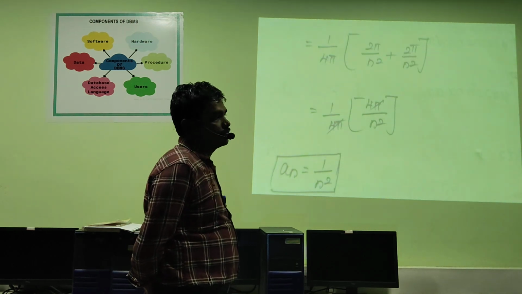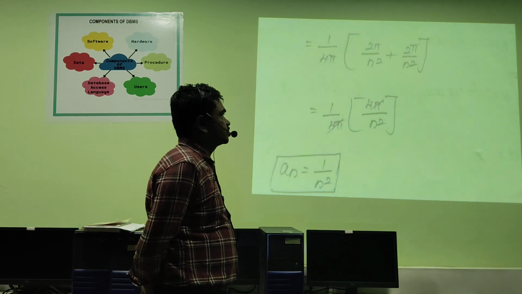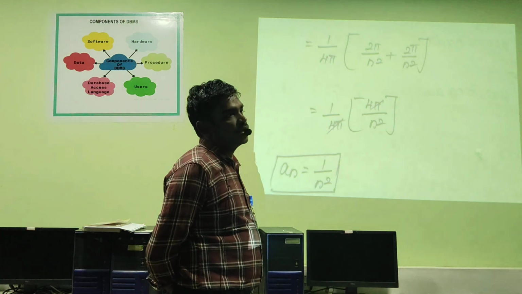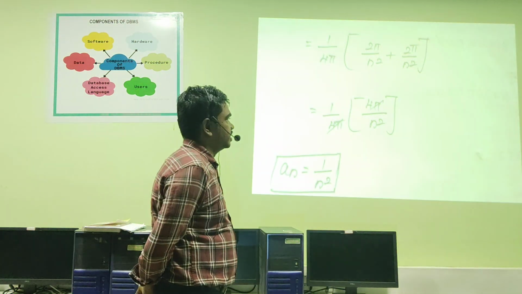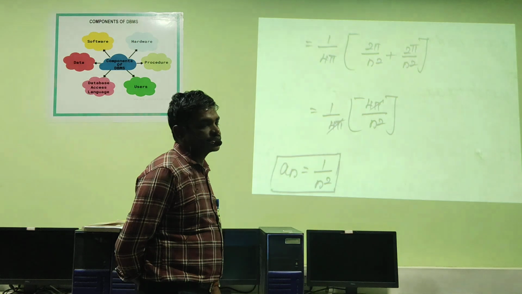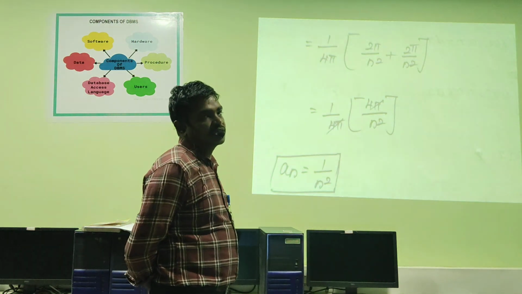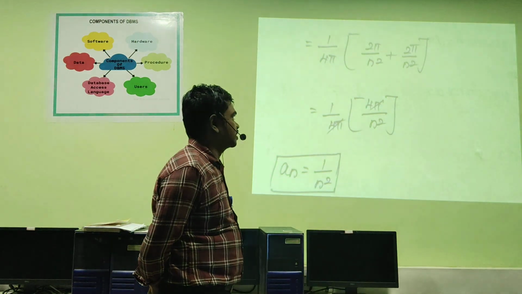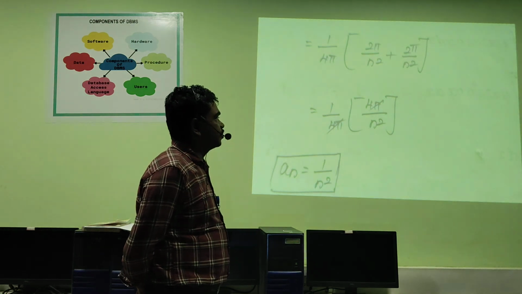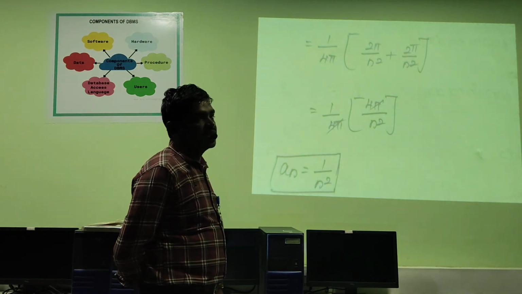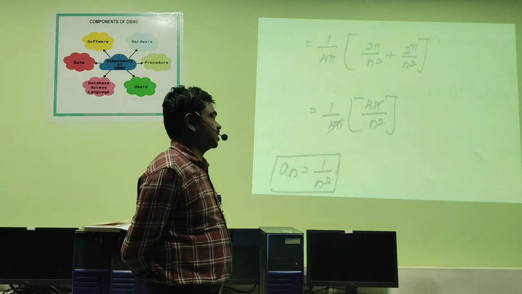We apply the upper limit 2 pi: cos 2n pi gives 2 pi by n square. Using the lower limit 0, we get 2 pi by n square. So 2 pi by n square appears as 2 terms, therefore 4 pi by n square. After cancellation of 4 pi, we get finally an is 1 by n square.